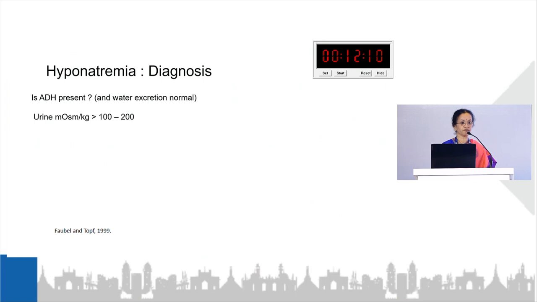So the presence of a high urinary osmolality in a hyponatremia says that ADH is present, and what is important for us is to know whether this ADH secretion is appropriate or inappropriate. This is the second clue that we need to see in a case of hyponatremia. The third important thing is to check the volume status.